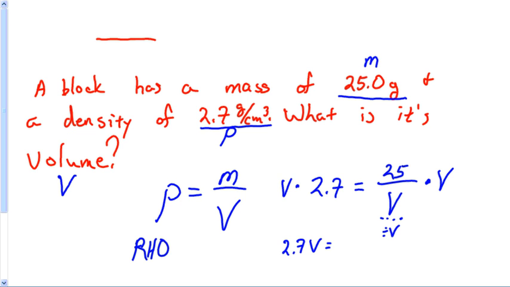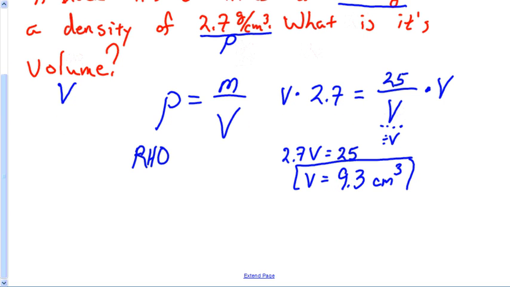Y'all, this is as hard as the math ever gets this year. It's not that big a deal. Divide both sides by 2.7. 9, I'm going to round it to 9.3 centimeters cubed. I'm going to put my box around it. I'm a good boy. That's the way I party. Okay, I guess I should finish the box.